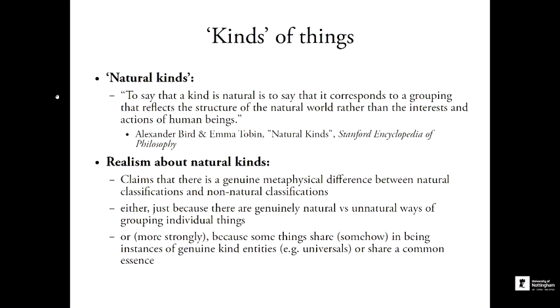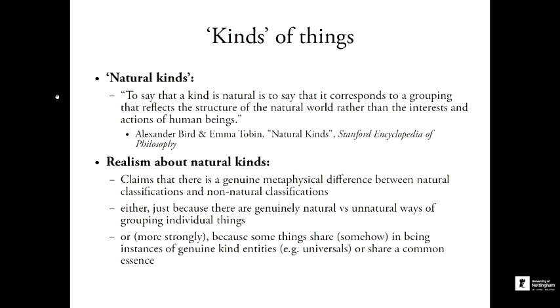We might want to say that natural kinds are real. We might want to be realists about natural kinds. So, we might think there's a genuine metaphysical difference between that kind of classification, like silver, and the non-natural classification, like things Joseph has chosen as examples in his slide in 2019.